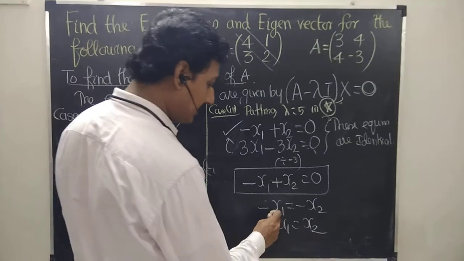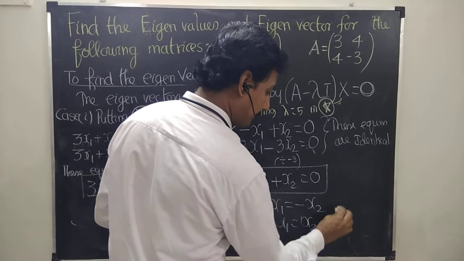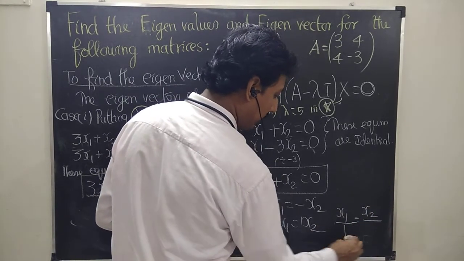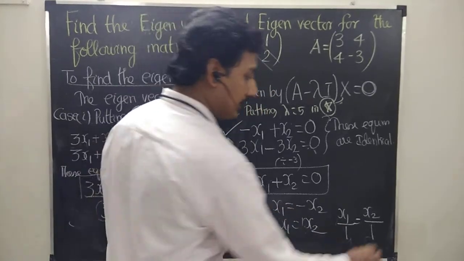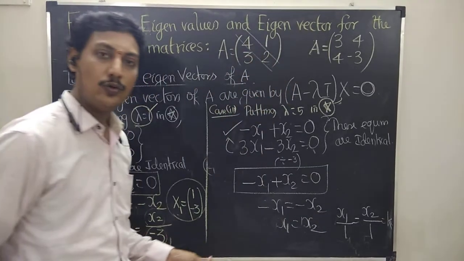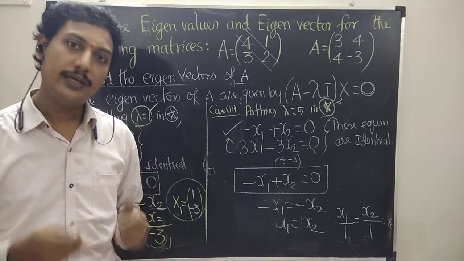What about the coefficients of x1 and x2? 1, 1. So x1 by 1, x2 by 1, because the coefficients are 1 only. This is some ratio, so there could be some constant k. If k is equal to 1, I get 1, 1. Suppose k is equal to 2, we get 2, 2. K equal to 3, we get 3, 3.